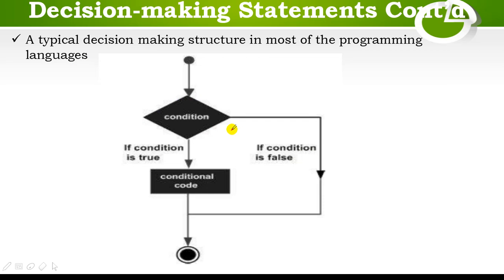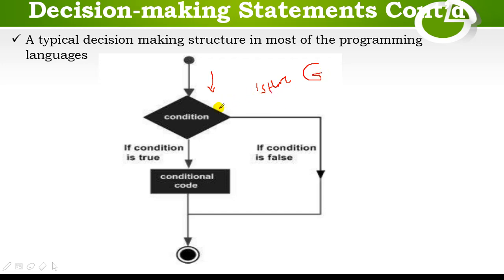So let's see the structure. In most programming languages, this is how the structure of decision making looks. The condition that we are testing, using the gari example, is the gari.